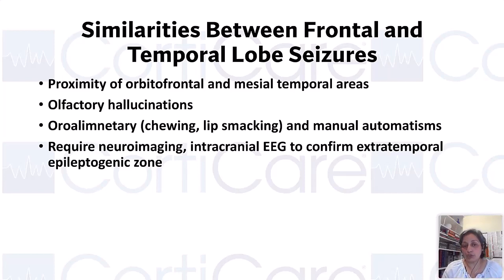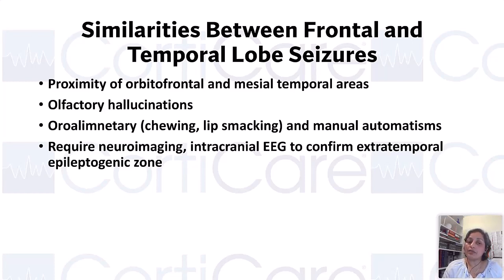Another one is chewing, lip smacking, and the manual automatisms. They get confused with temporal lobe seizures. Most of the motor movements in frontal lobe seizures that we see are of very high amplitude. But depending on what area of the frontal lobe is getting affected, where the seizure is coming from, the patient may have smaller motor movements, like chewing and lip smacking, which is very similar to the temporal lobe seizures.